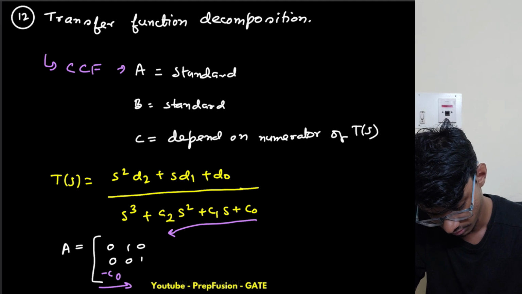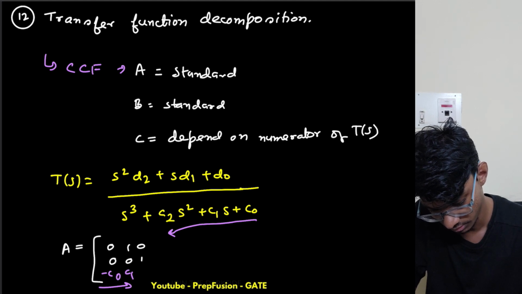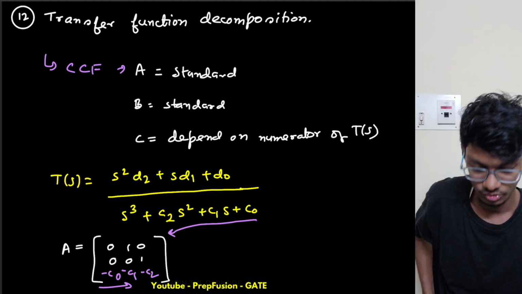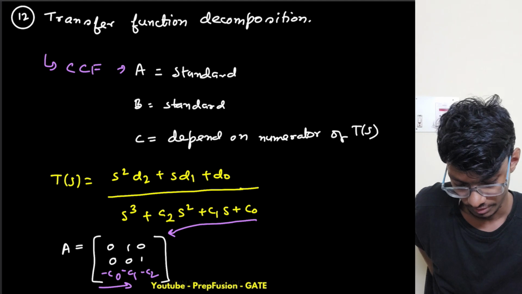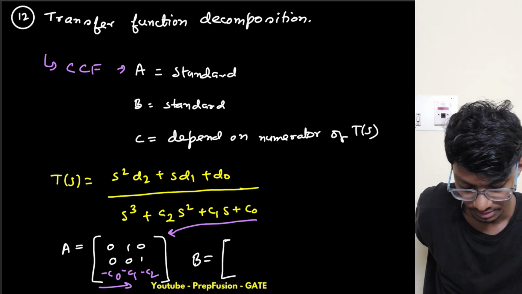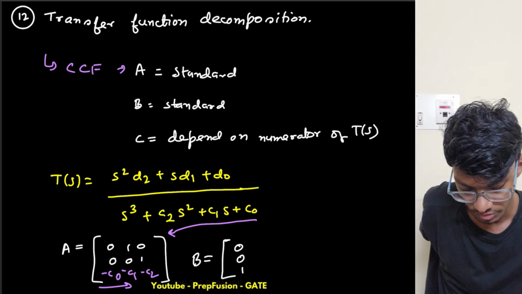Minus c naught, minus c1, and minus c2. So yeah, this is basically my A matrix. Now what will be my B? B will be simply the standard form 0 0 1 only.